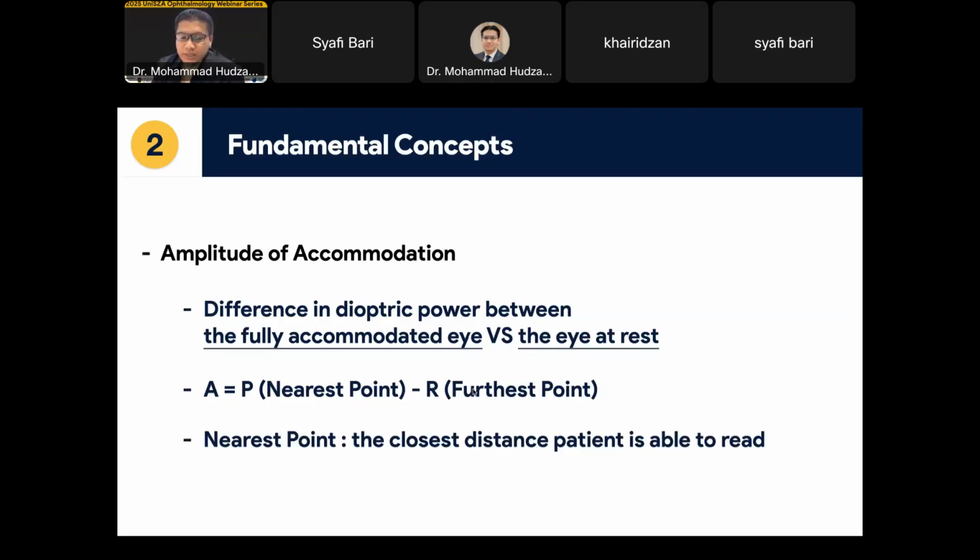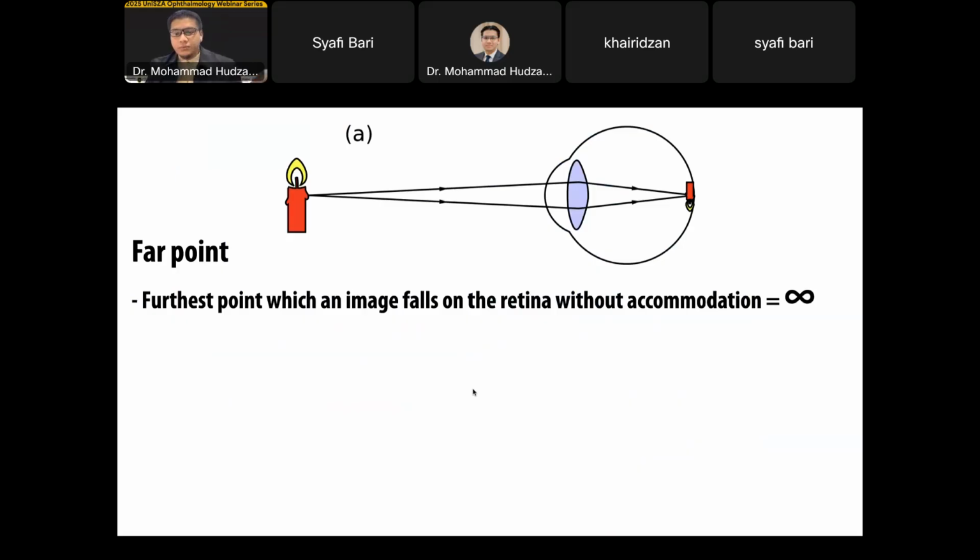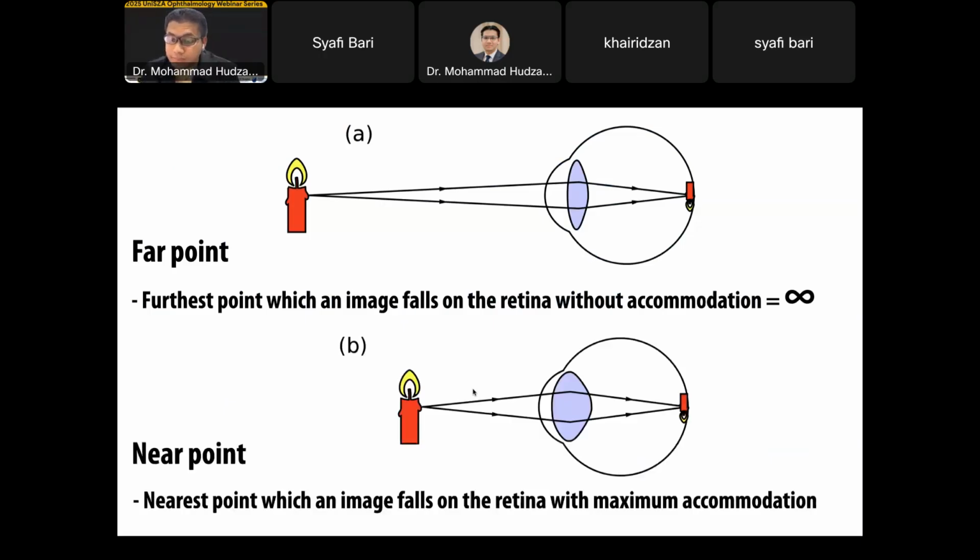The nearest point is the closest distance the patient is able to read, and the furthest point is always at infinity, or 6 meters and further away. If we look at this diagram, the furthest away is when the image falls on the retina without any accommodation. This is where we say the image is from infinity.